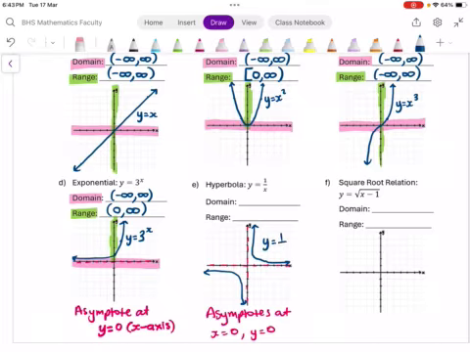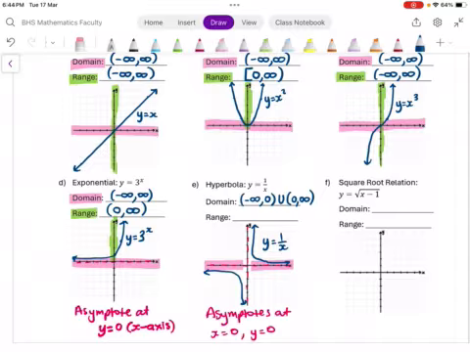y equals 1 on x. So what we can see is that for our domain, it exists for all of our x values apart from 0, where we have that asymptote. So how we write this is we write that it works from negative infinity to 0, but not including 0, and it works from 0 to infinity.